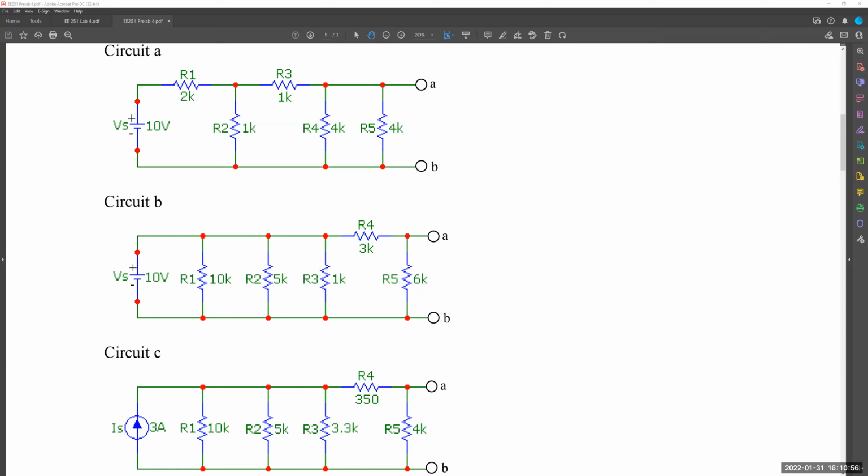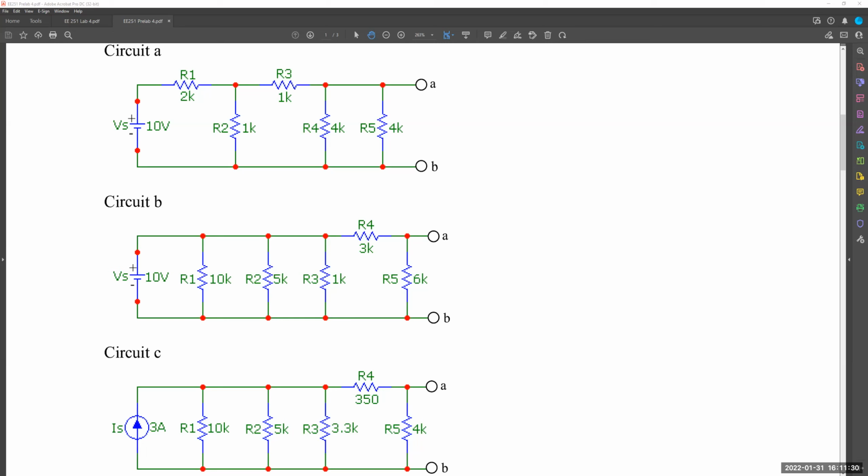So if I start at terminal A, I have resistors R2 and R3 connected, right? Now, my goal is to get to point B starting from A. So if I start from A and I go from R3, I can see that R3 is connected directly to B. So I would draw out R3 and R3 goes directly to B. So I'll extend a line right there. Then let's tackle R2.